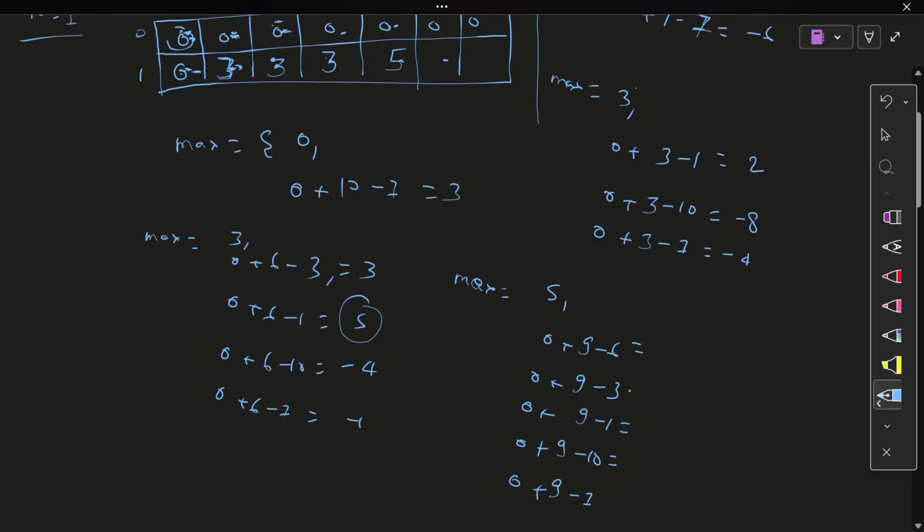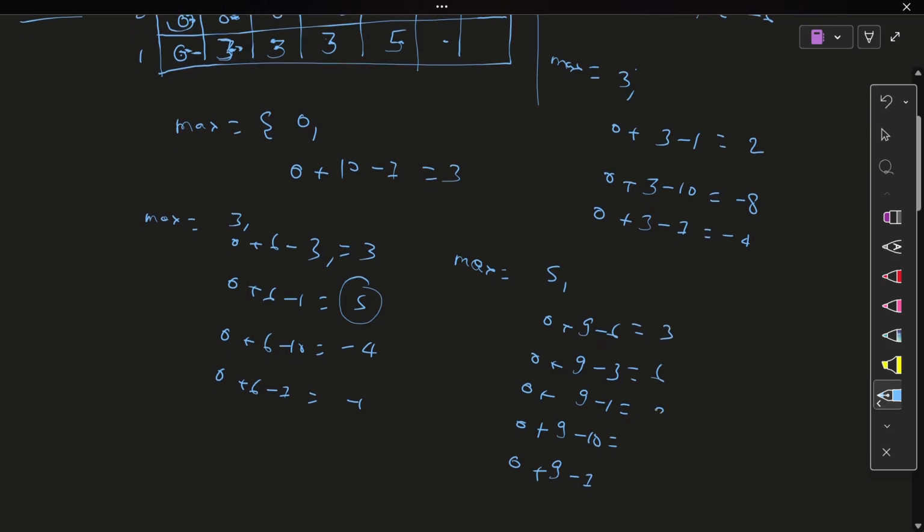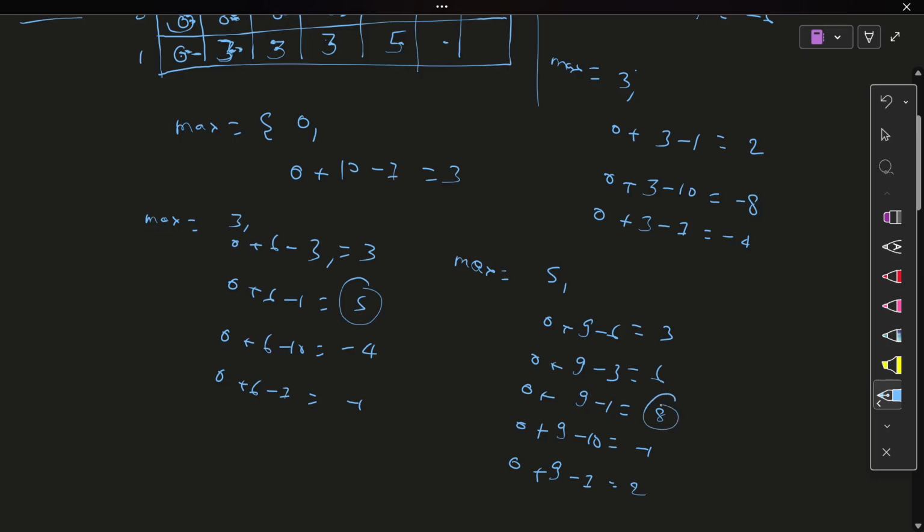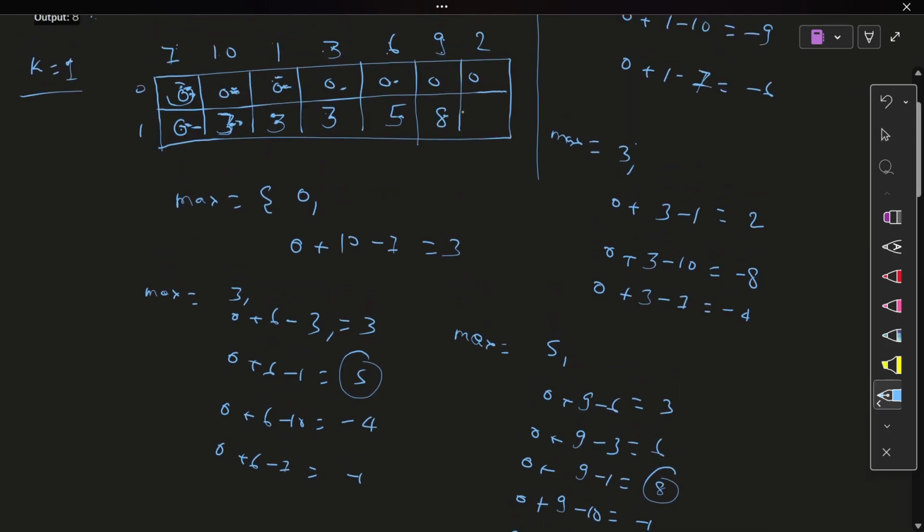Which one is maximum? 9 minus 3 is 6, 9 minus 6 is 3, 9 minus 1 is 8, 9 minus 10 is minus 1, 9 minus 7 equal to 2. Which one is maximum? 8. 8 is the answer.